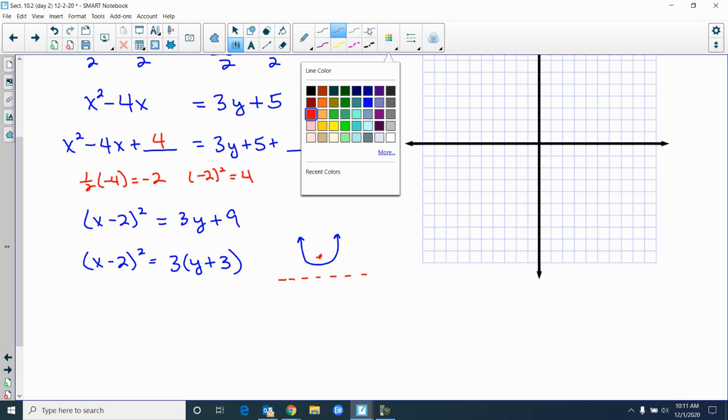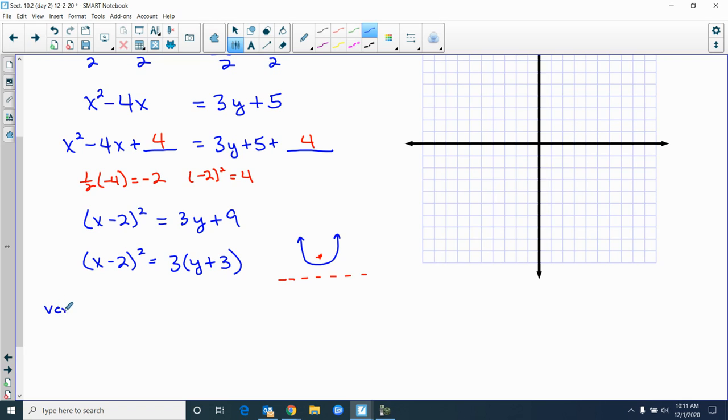My vertex is going to be 2, -3. And then from there, I'm going to go over 2, down -3, put a dot. My a value, well, 4a equals 3.